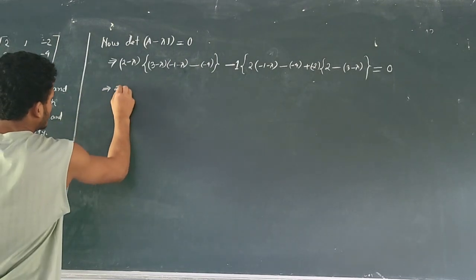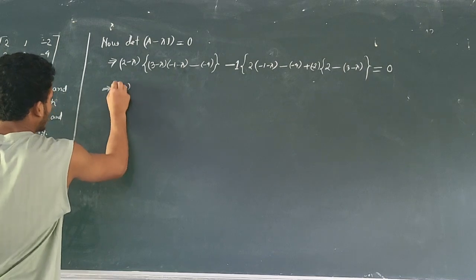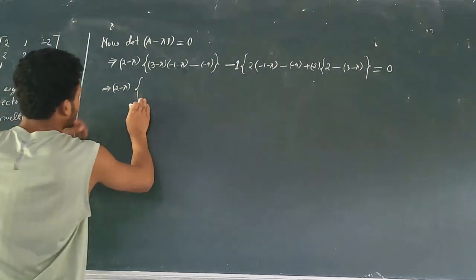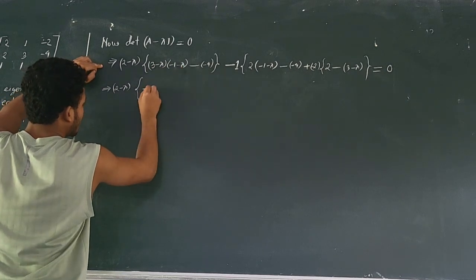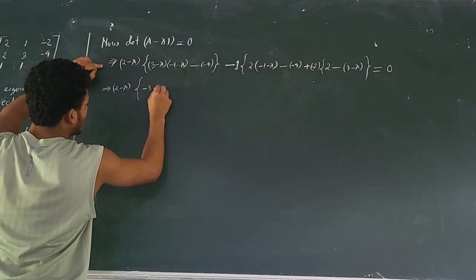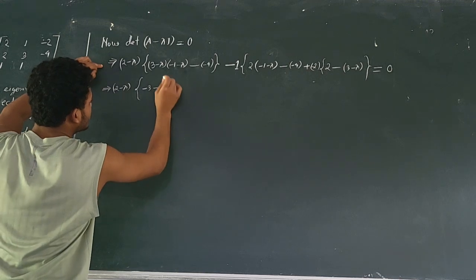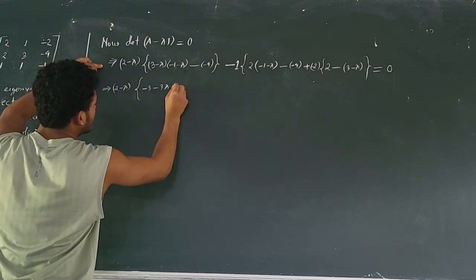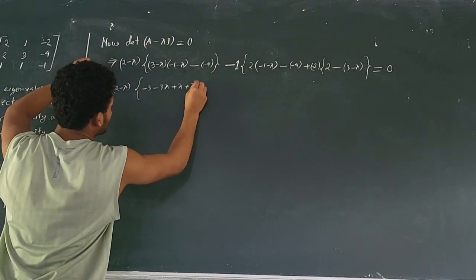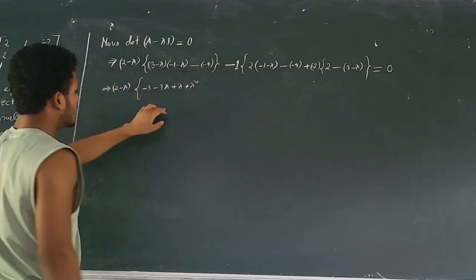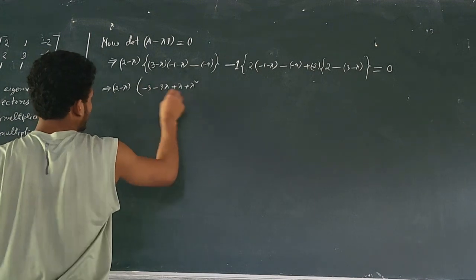So 2 minus lambda, and it is 3 into minus 1 minus 3, so it will be minus thrice lambda, plus lambda, and lambda square. So this bracket will be like this now.